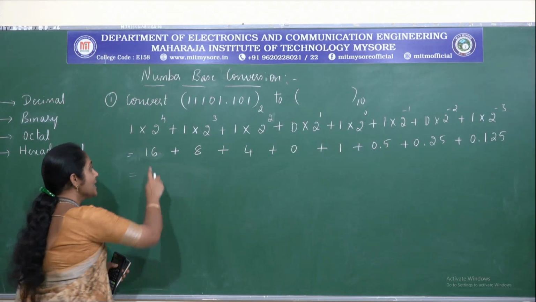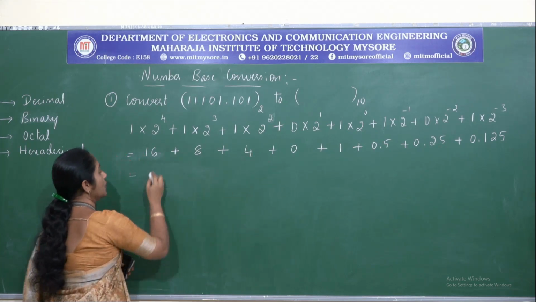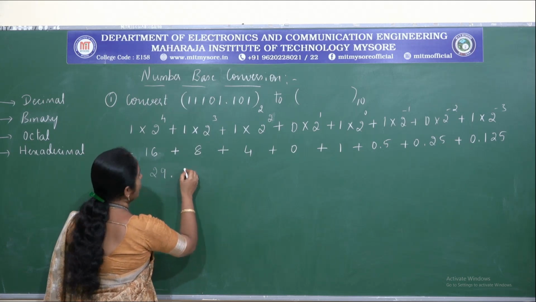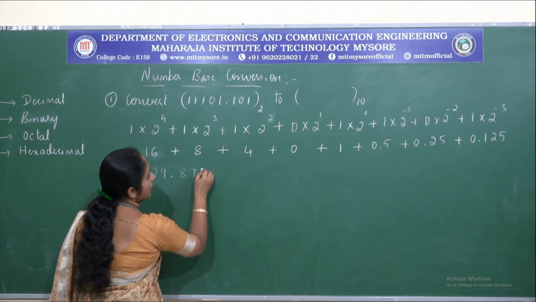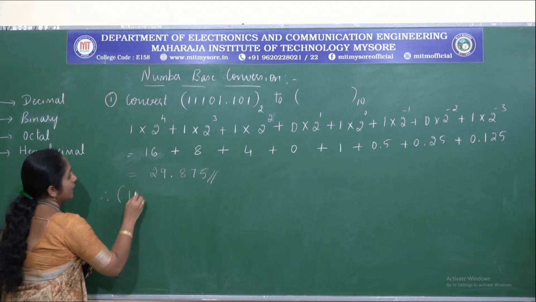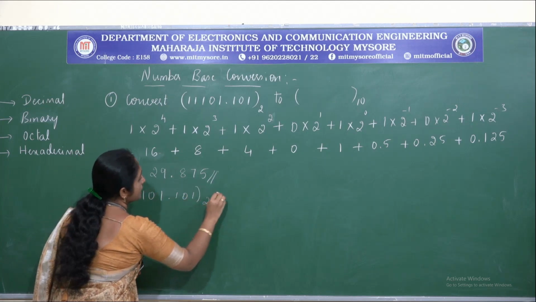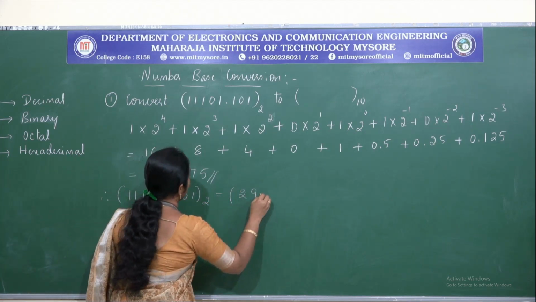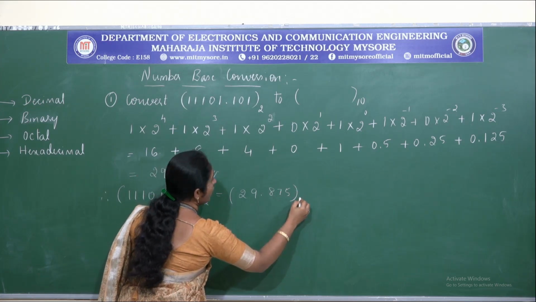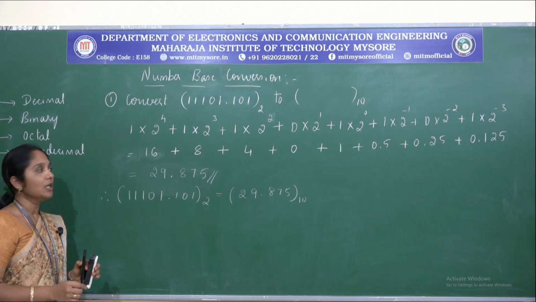The answer is 16 plus 8, 24, 24 plus 4, 28 plus 1, 29, and the fractional part if we add, we get 0.875. Therefore, the decimal equivalent for the given binary string is equal to 29.875.